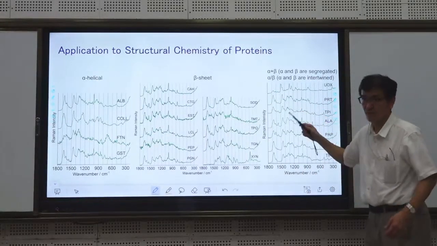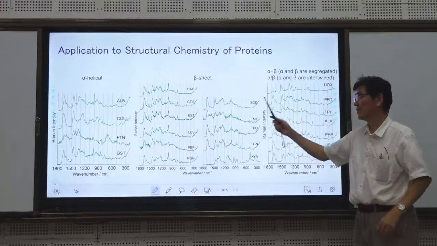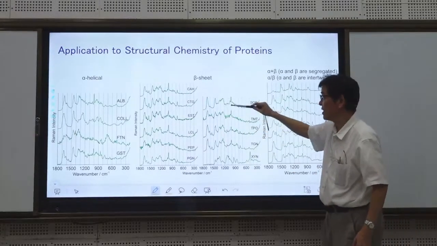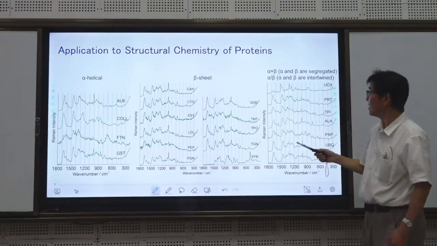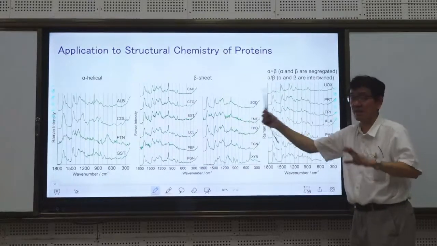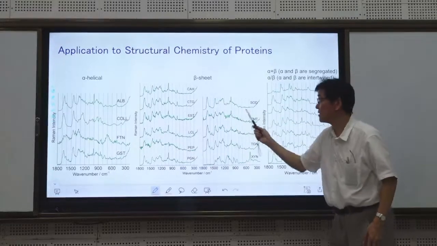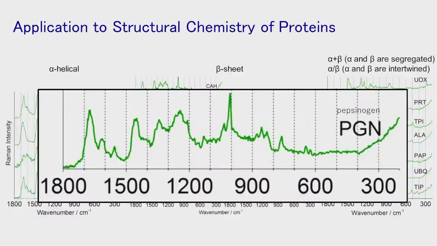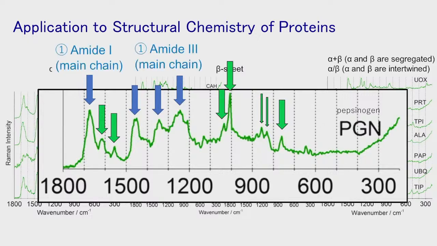So, this one-dimensional data contains the vibrations of all the normal modes of the protein. And many bands are overlapped in the limited region. It's impossible to separate this data into 10,000 normal modes, so we should analyze it as it is. There is an established method of analyzing the protein structure from the Raman data.